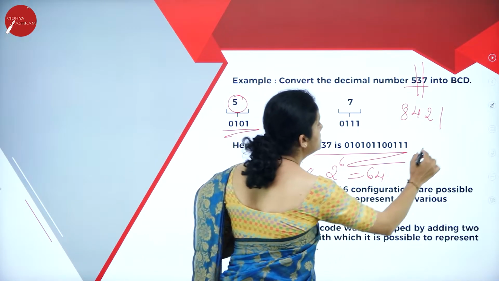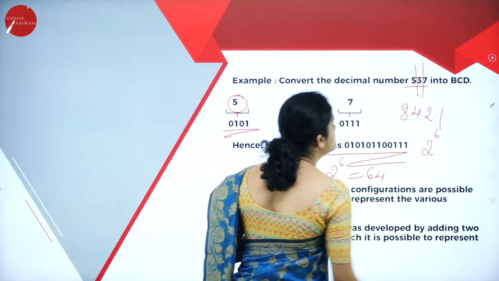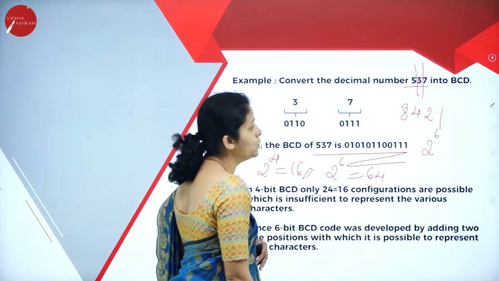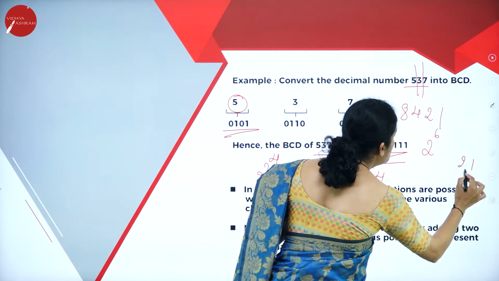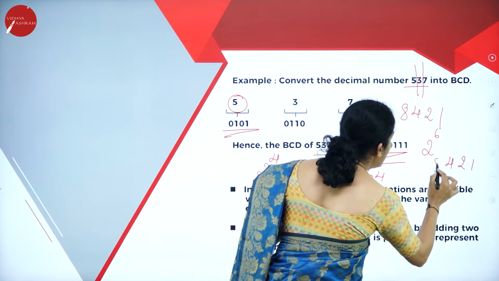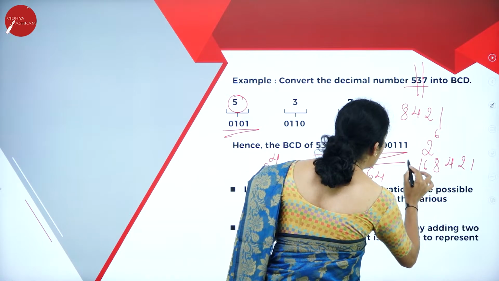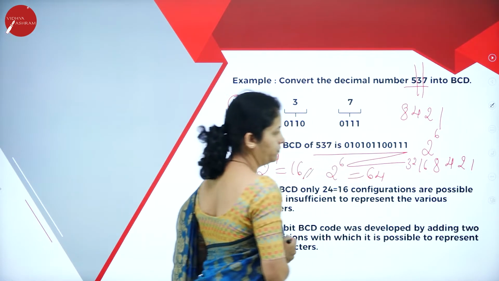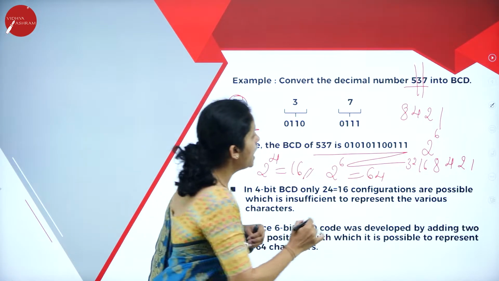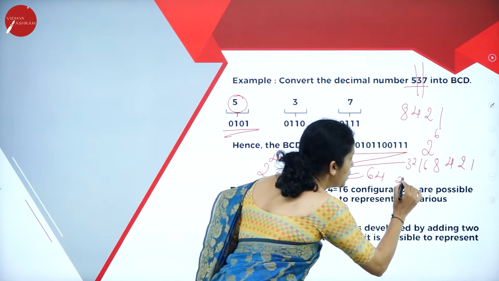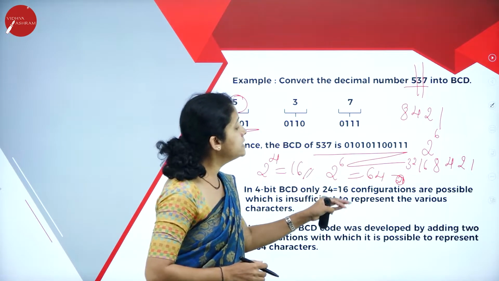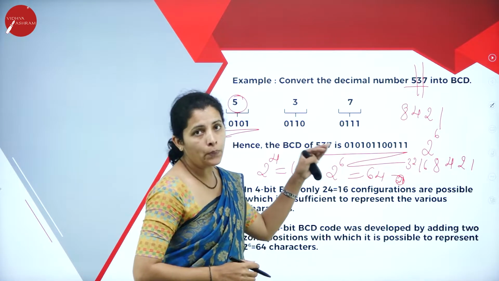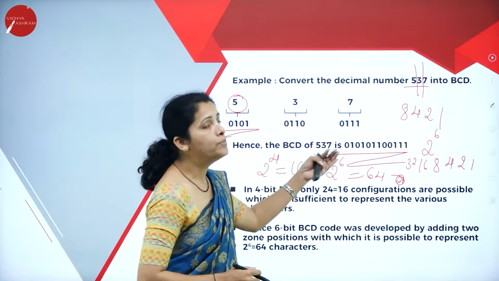Now, if I consider 2 to the power 6, then what are the possible weights I can have here? That is 1, 2, 4, 8, 16 and 32. Now think that I have an example, 21. I want to represent this decimal number 21 in the form of BCD.